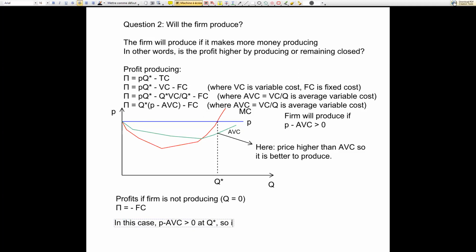So the firm is making a positive surplus by opening, setting Q star units.